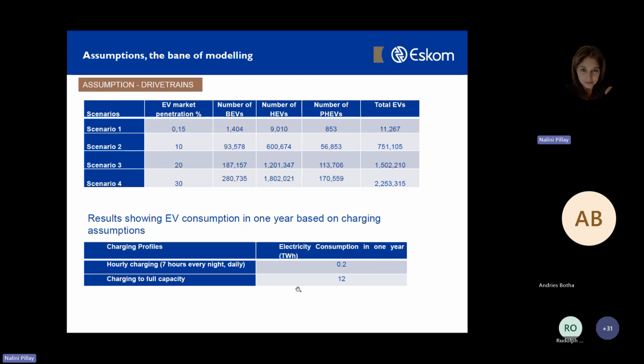Also, what's interesting is if you're calculating electricity consumption in a year and you look at hourly charging as opposed to taking all the vehicles and charging at full capacity within a year, you find there's a significant difference in terms of the terawatt hours that you forecast.